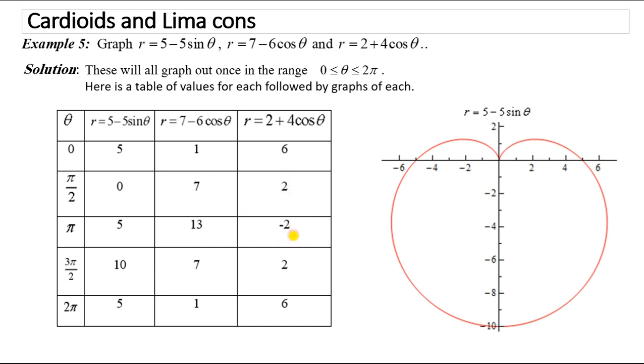Cosine pi is minus 1, multiply by 4, minus 4 plus 2, I have minus 2. Cosine 3 pi over 2 is 0, the result is 2. Cosine 2 pi is 1, the result is 6.